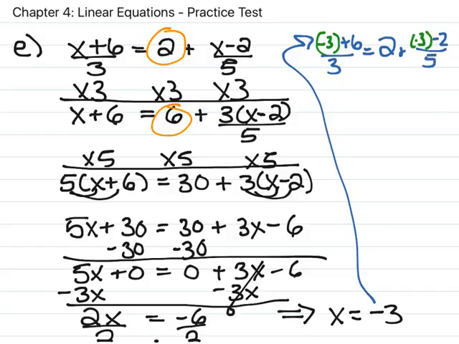So negative 3 plus 6 is positive 3. Divided by 3 is 1. And then we'll have 2 plus negative 3 minus 2 is minus 5. Minus 5 divided by 5 is negative 1. So then we'll have 1 and then 2 plus negative 1 is 1. So it works.